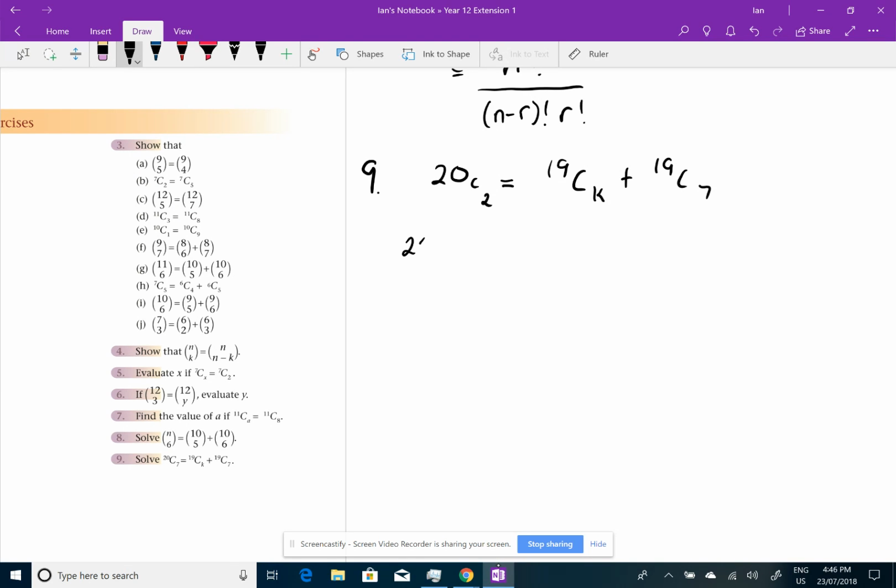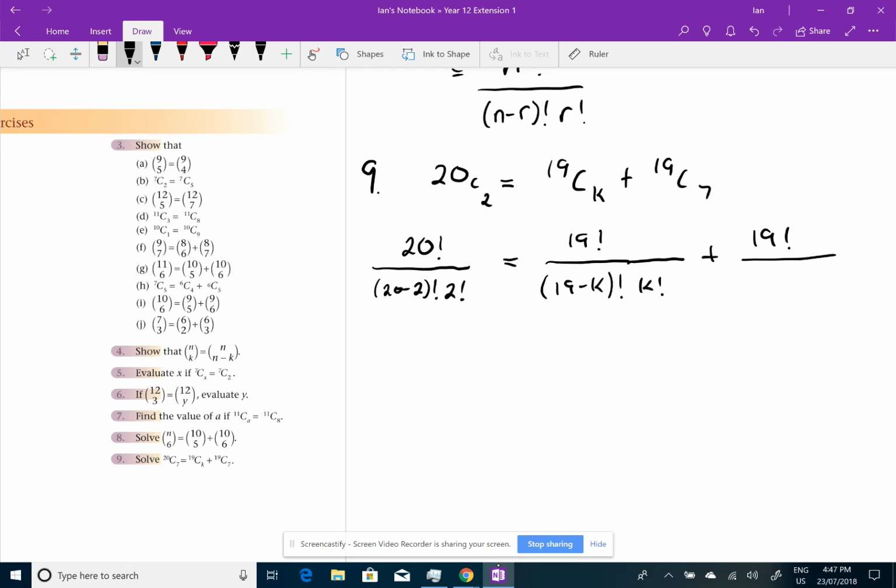So on the left-hand side, I get 20 factorial over 20 minus 2 factorial, 2 factorial. And here I get 19 factorial over 19 minus k factorial, k factorial, and here I get 19 factorial, 19 minus 7 factorial, 7 factorial.